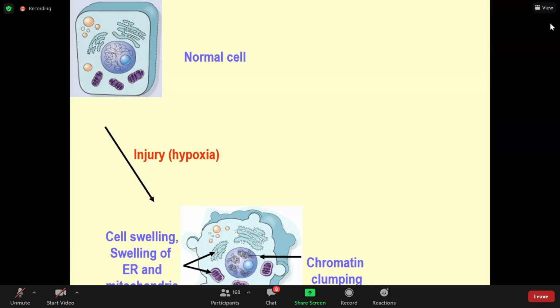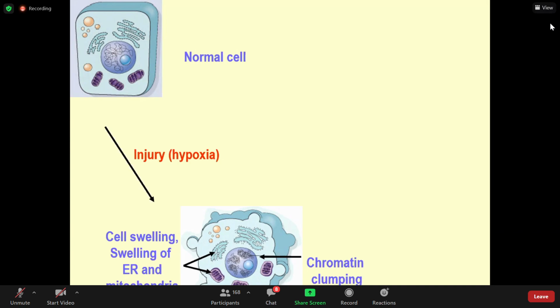So lactic acid is going actually to decrease the pH of the cell, making the cell acidic. And as a result of that, the pH will no longer be optimal for the function of certain enzymes. One of those enzymes is entrusted in the maintenance of the chromatin. And as a result of that, you will see that the chromatin will start to become disrupted. But that's a very mild, actually, form of disruption.